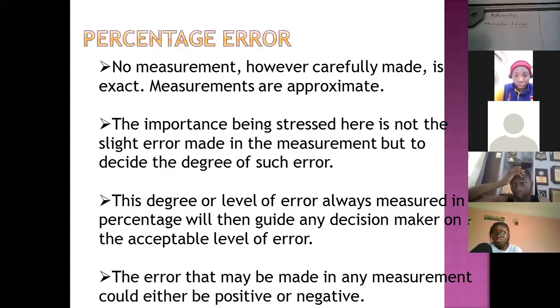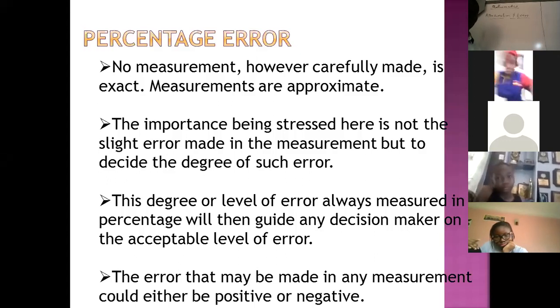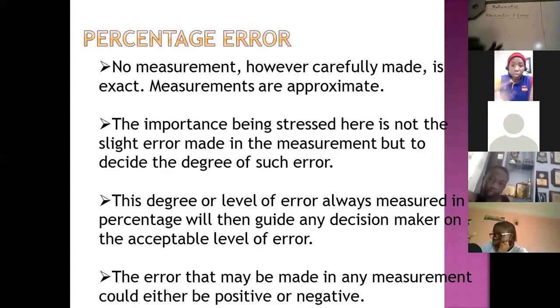Measurements are most of the time approximate, because during instrumentation you make use of some precision to carefully build an instrument. There is no way we make use of the same materials during the instrumentation. That's why I said measurements are approximate.